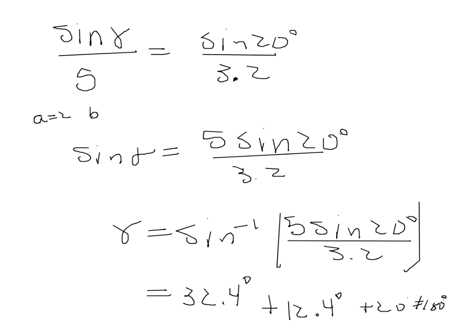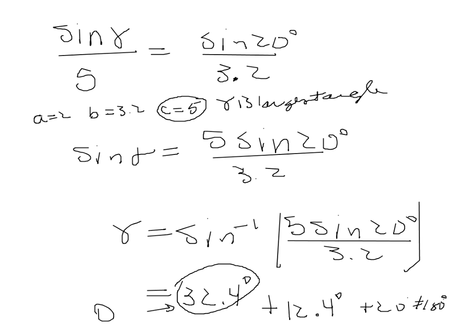I have A equals 2, B equals 3.2, and C equals 5. That means that gamma is going to be the largest angle. So it must be a quadrant 2 angle. So I take this gamma that I got, and this is its first quadrant reference angle. So I am going to take 180 minus 32.4.